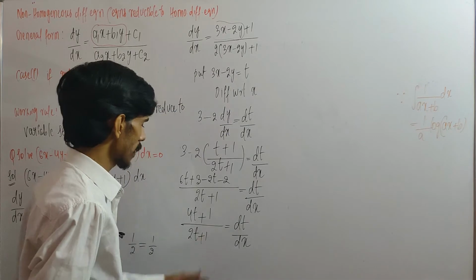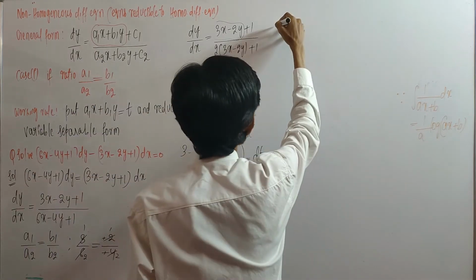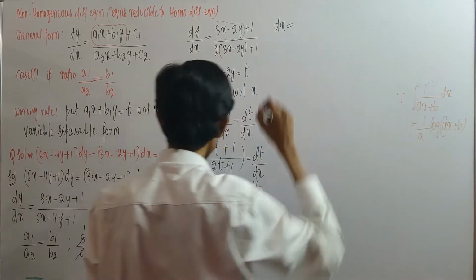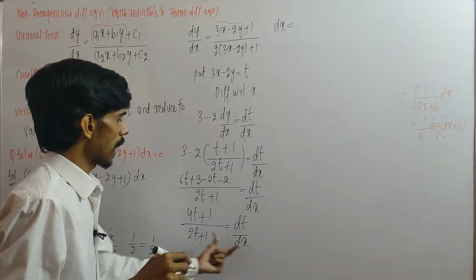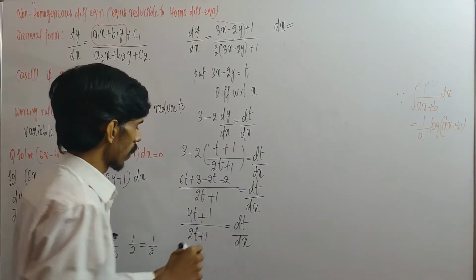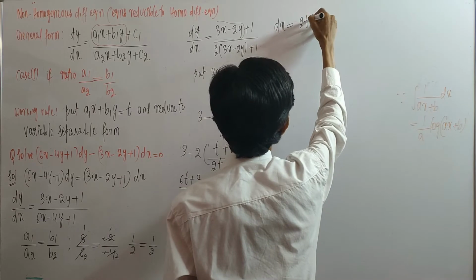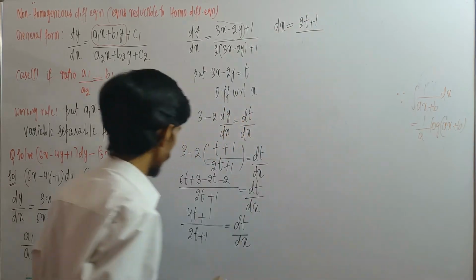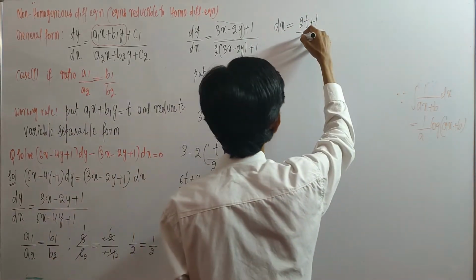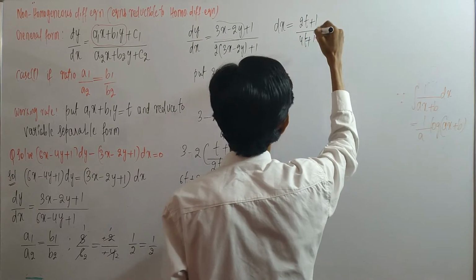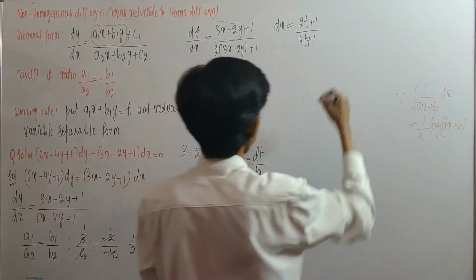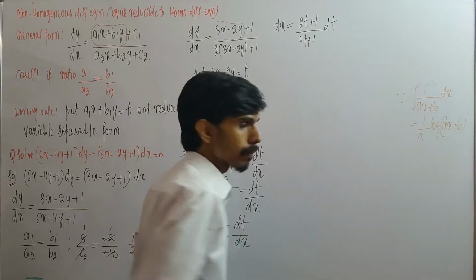Now here we have all t terms. So send this dx to this side. We'll get dx is equal to, take this term to that side, then it will become reciprocal. So here we have 2t plus 1 in numerator and this will become denominator, 4t plus 1. Here we have dt.